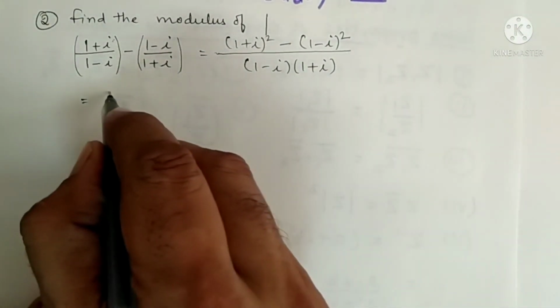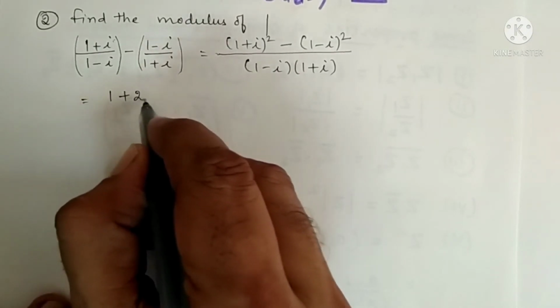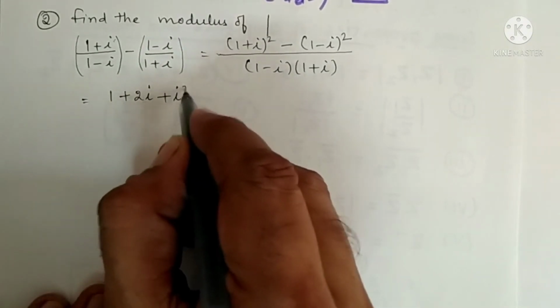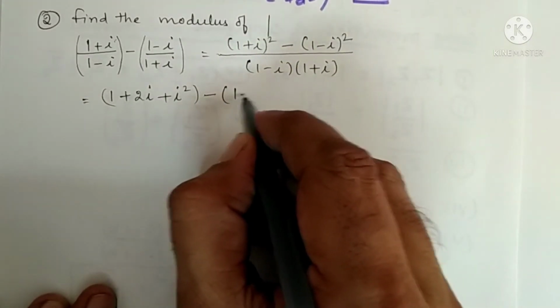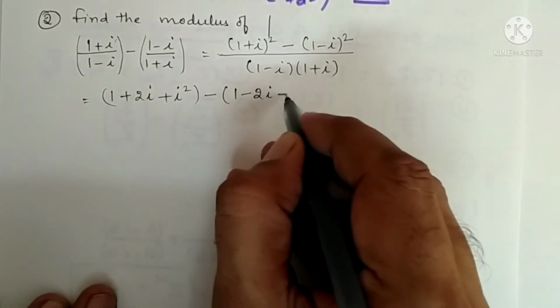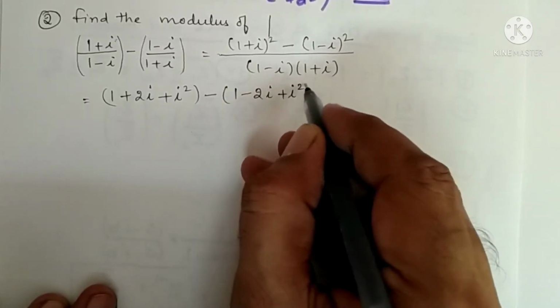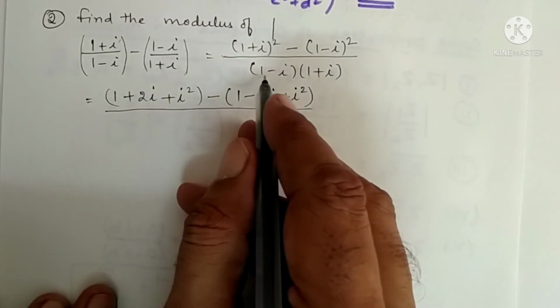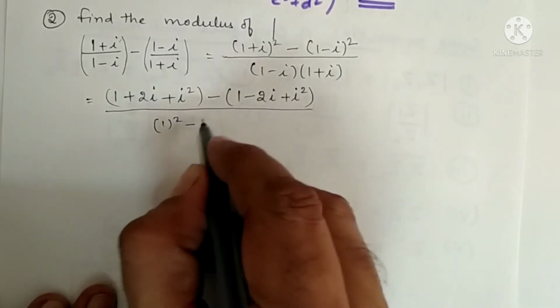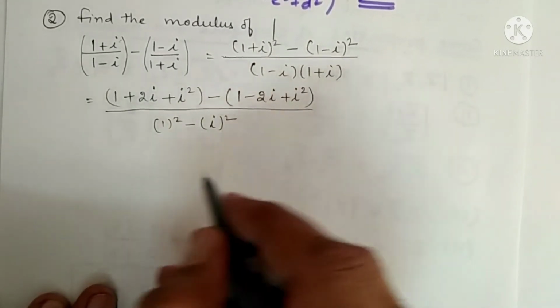Now we open the bracket, we get 1 + 2i + i² minus, here also we get 1 − 2i + i², upon 1 whole square minus i whole square.